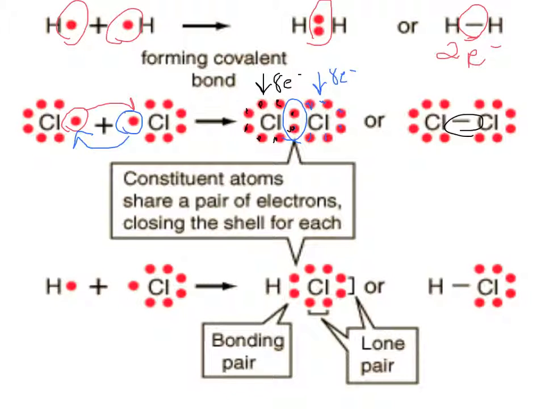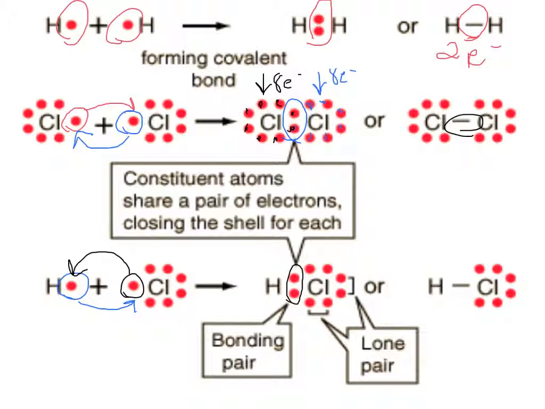This is just a third example. Hydrogen has 1 electron, it would like to have 2. Chlorine has 7, it wants to have 8. So the hydrogen will share its electron with chlorine, and then the chlorine will turn around and share its electron with hydrogen. That means they're sharing a pair of electrons.